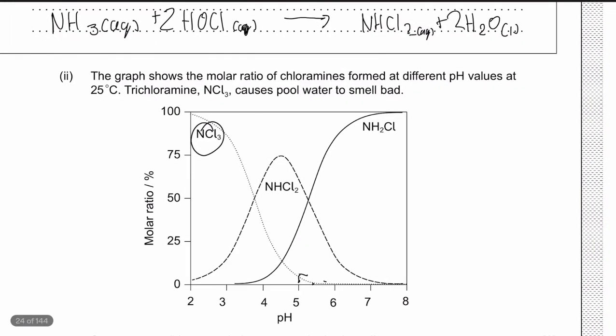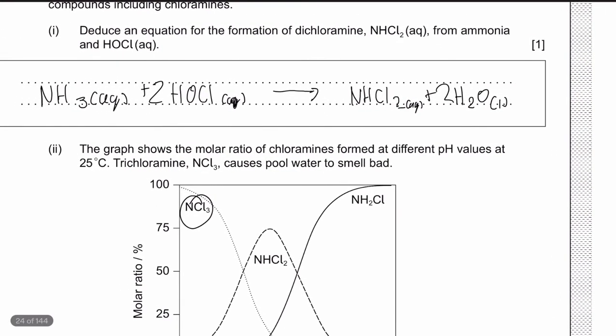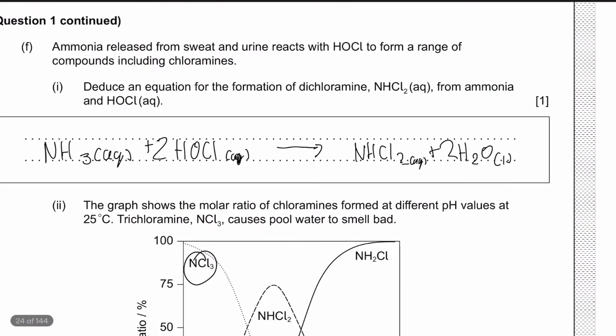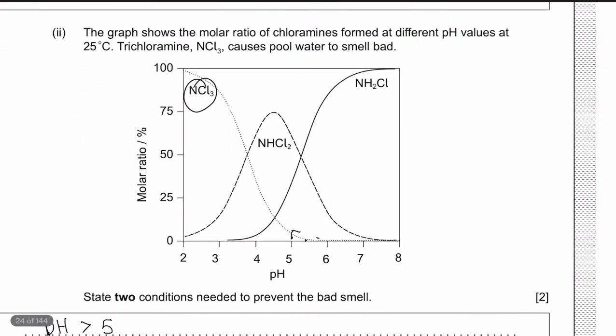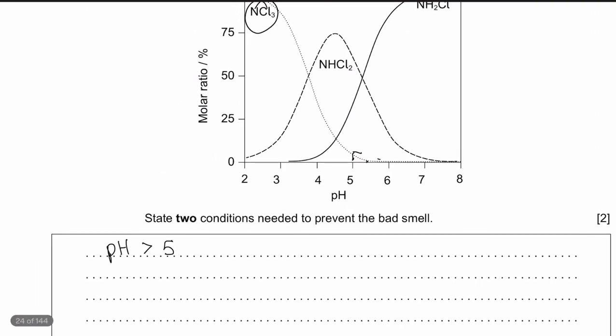Yeah, so we know that these chloramines are formed from this previous reaction, right? Different chloramines are formed at different pH values. So a simple way we can prevent it is by just preventing the reactants from producing this chloramine.